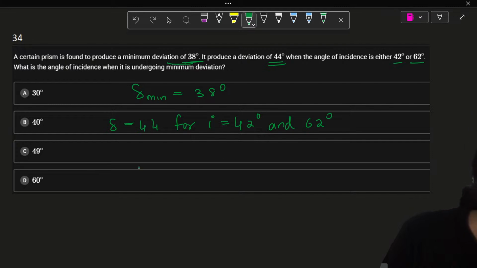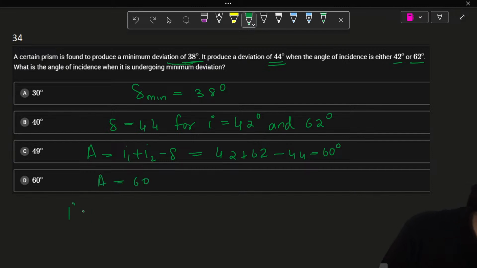Now, what is the formula? We already know delta plus A equals I1 plus I2. So, I will write A equals I1 plus I2 minus delta, which is 42 plus 62 minus 44, which is 60 degree. So A is 60.